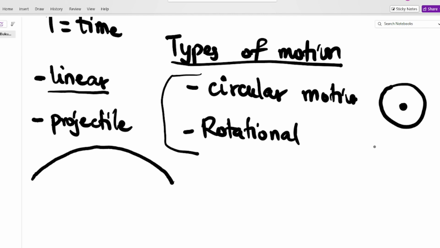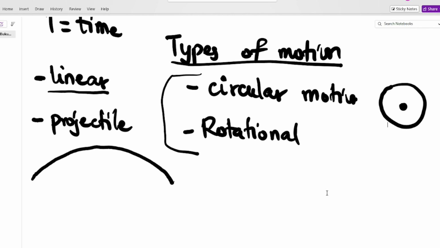The focus should be on where that center is: inside the body itself or outside the body itself. That's what makes the difference. For circular motion, the center around which we are moving, we are turning, is outside the body.